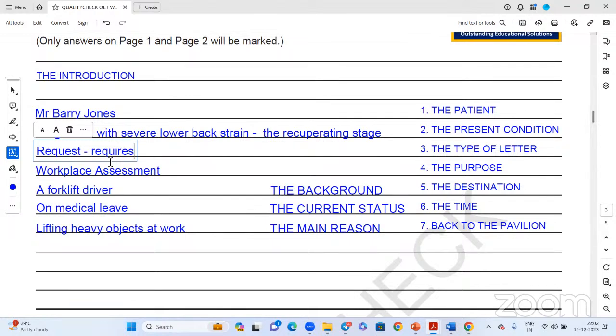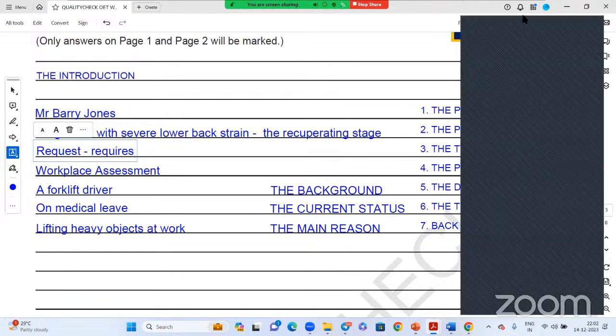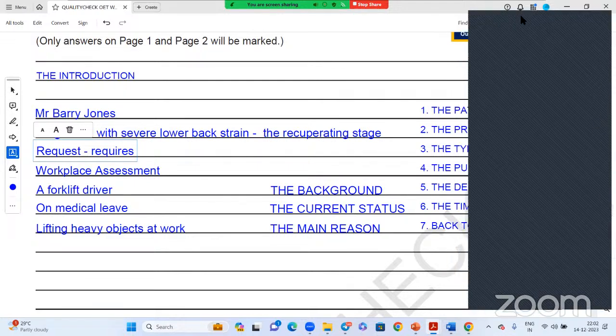Now, keeping all these points, you can write some sentences using these things. Come on, you can write one sentence, or two, or three sentences maximum.